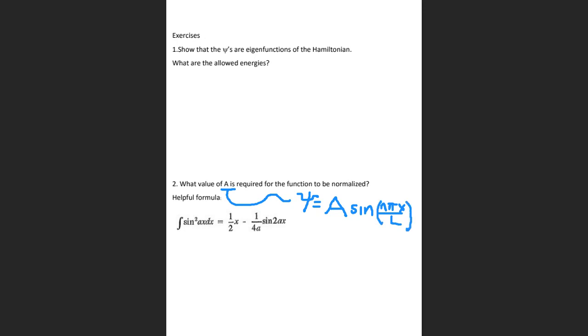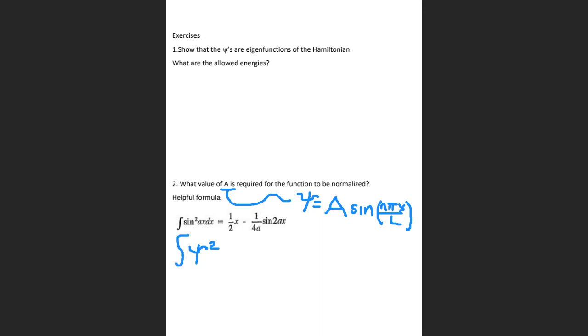Okay, what we've just seen from the question about the homework problem is that we have to integrate this function times itself, or we're integrating psi squared, again, because this function does not have an imaginary part. The complex conjugate is the same as the function.